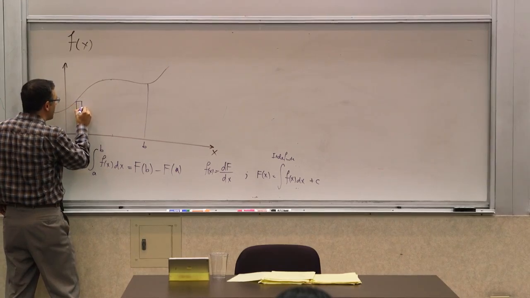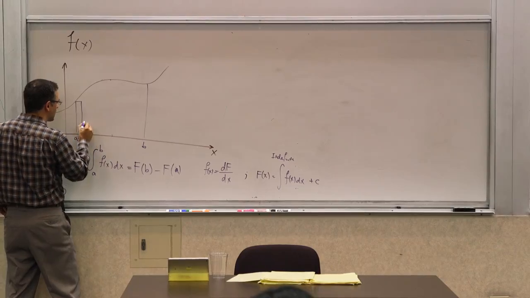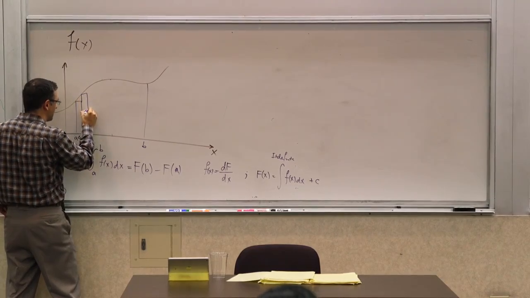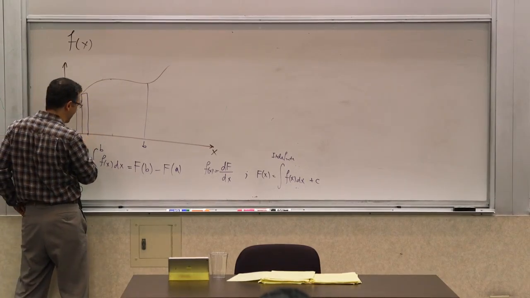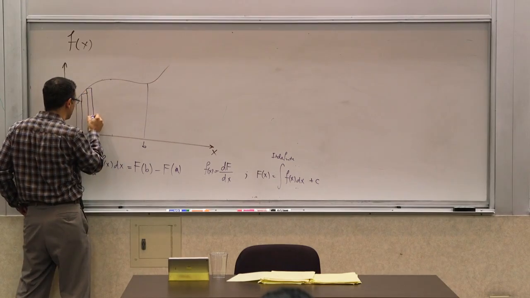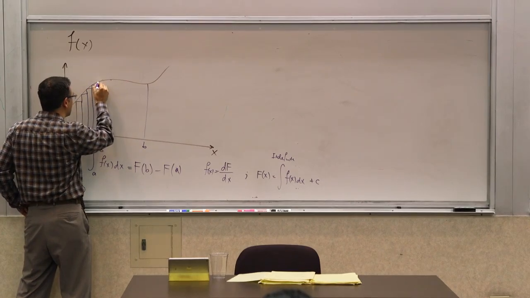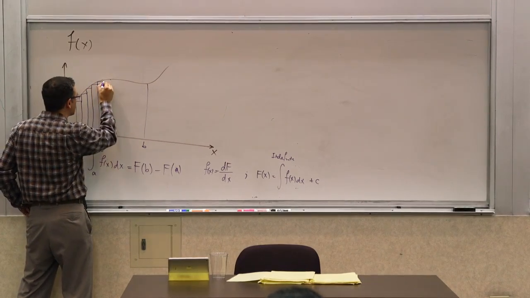So let's say I break it into these rectangles that have the width of delta. So they're equally spaced. So this is delta, delta. And let's say I choose the delta so I have an integer number of deltas within the A to B. That's nothing fundamental, really. So I make these rectangles.